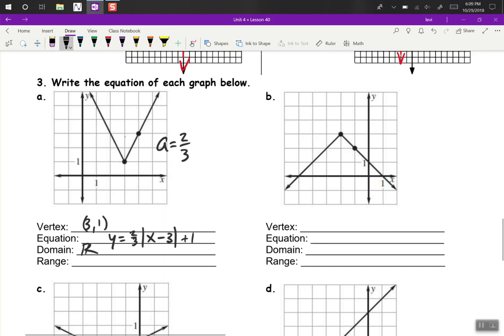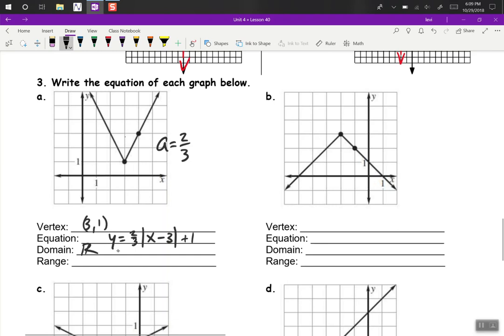Our range, what are our possible y values? Well, y goes up and down. So as we move from the vertex to the left, we go higher and higher and higher. And as we come down from up here, we go down, down, down, but then we stop going down. We don't go down any farther. So how would we describe that?